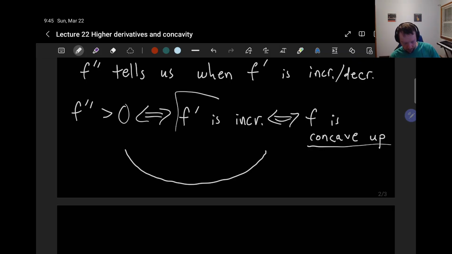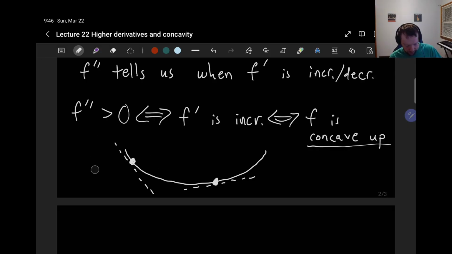So relating that to the derivative here, it means that the slopes of tangent lines are increasing as we move along. So for example, here's the tangent line at this point. It's negative. If I go farther along, like over here to the right, well, this is a greater slope because it's actually positive.